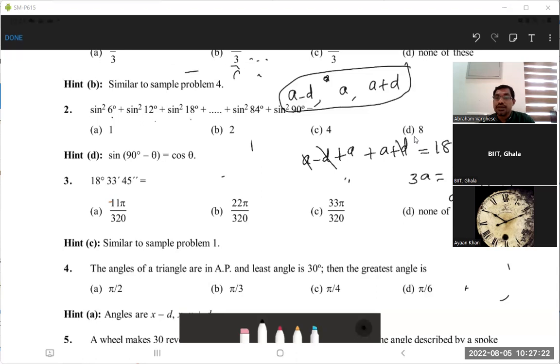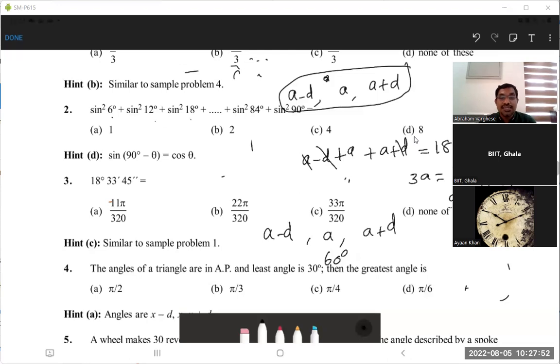Sir, Asta is asking how did pi come? In the answer, how did pi by 2 come? They are asking for the greatest angle. So I have taken a minus d, a and a plus d, and a as 60 I got.